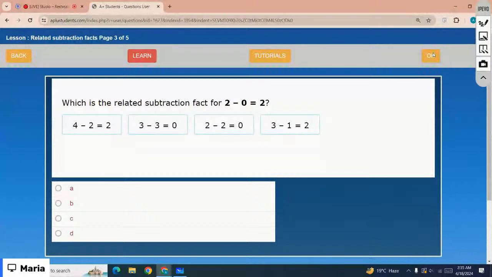The correct option is yes, C. It is 2 take away 2 equals 0 is the correct option.